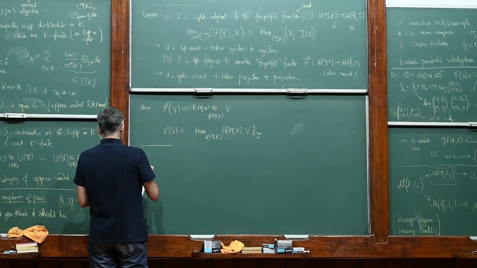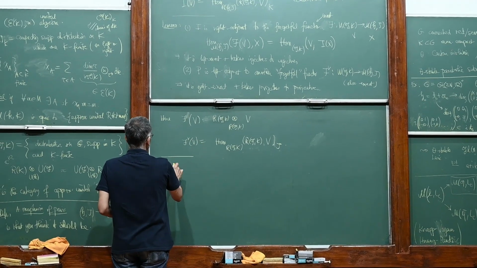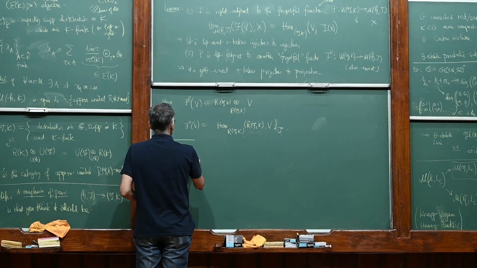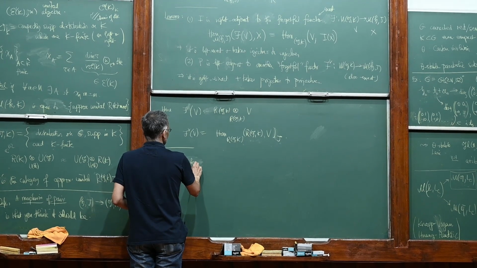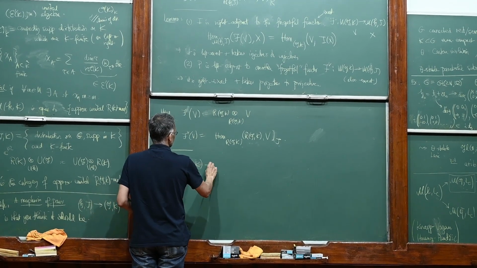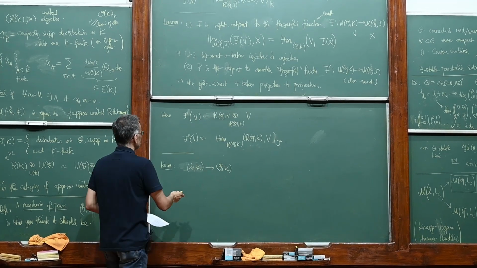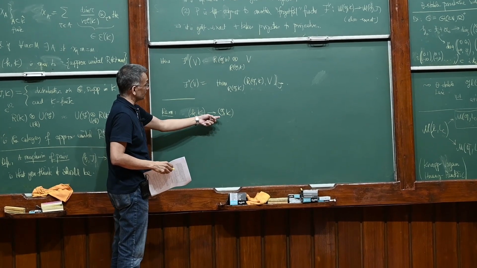Let me make a remark which is important, but I don't have time. Suppose now I'm in (g,K). Then there is a trivial morphism of pairs (K,K) to (g,K). Okay? So this is the obvious morphism. That means I have functors back and forth between these categories.